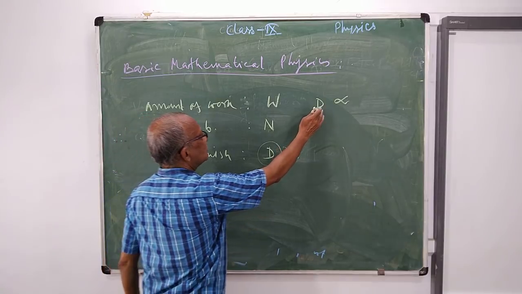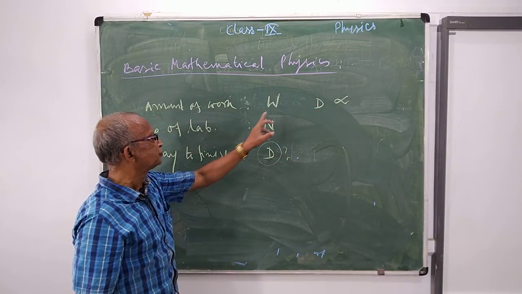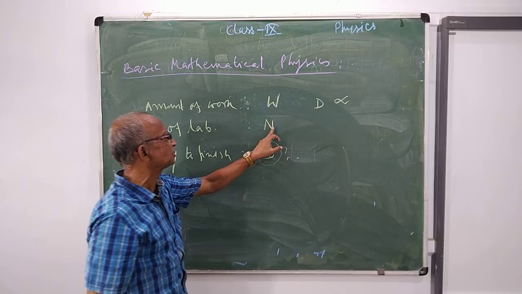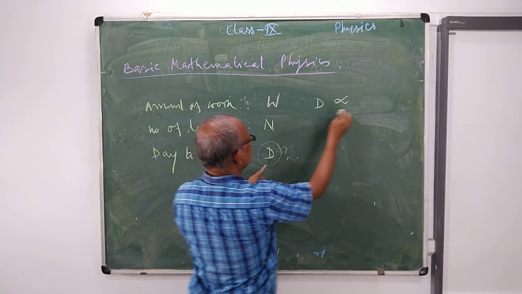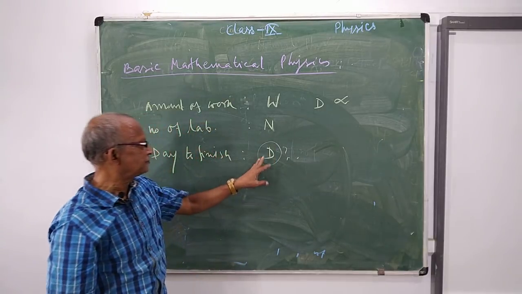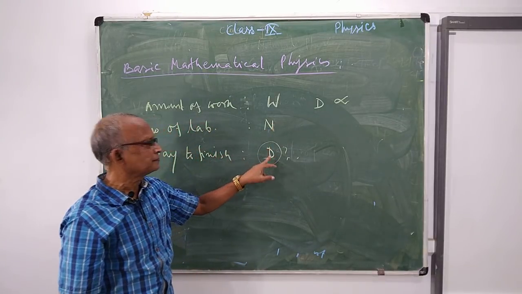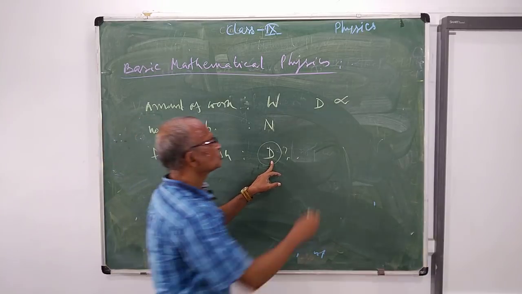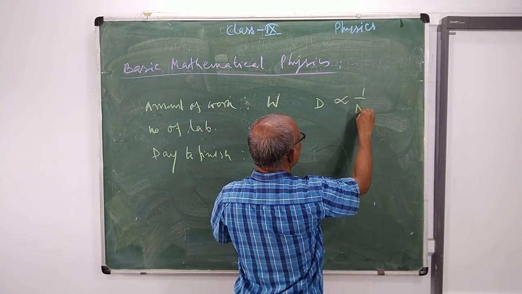How the number of days to finish your work is related with N. So days, if W is constant, the more the labor, the fewer the number of days.